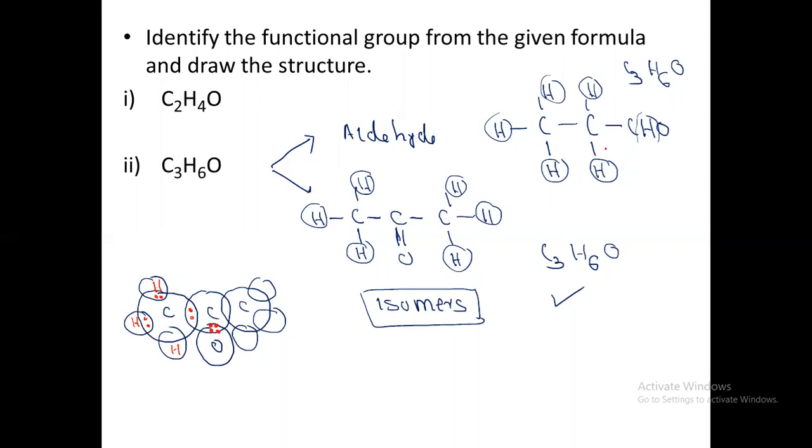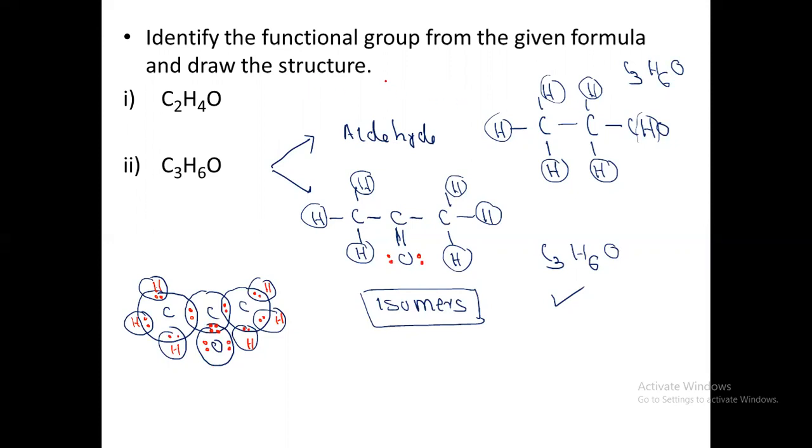Always remember, whenever you're drawing oxygen, there should be 2 lone pairs. Don't forget that. We already drew one for the aldehyde, so I'm just showing it for the ketone. Now hydrogen. So this is the electron dot structure of the 3 carbon ketone.